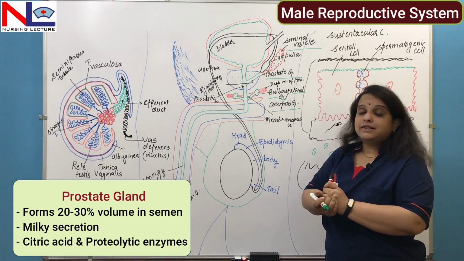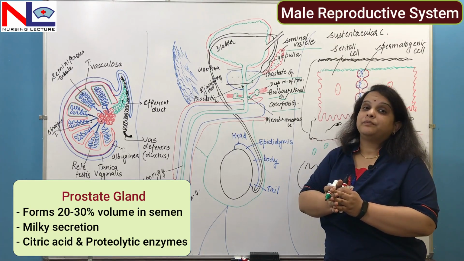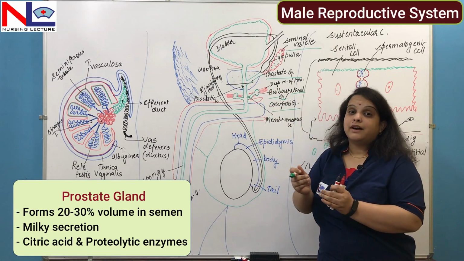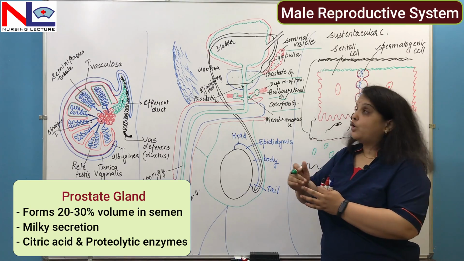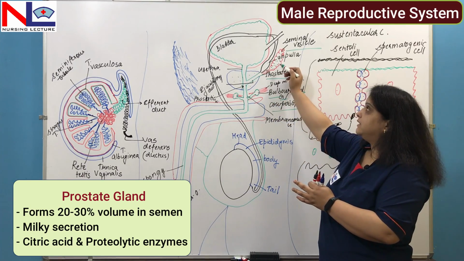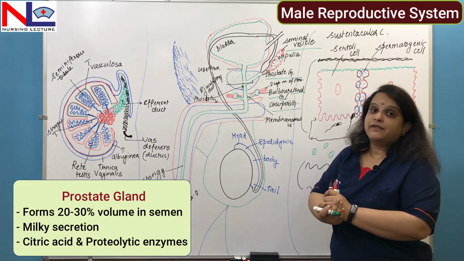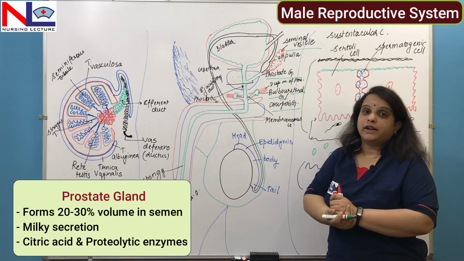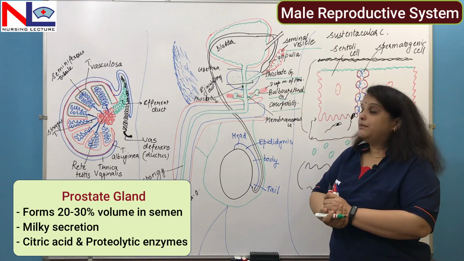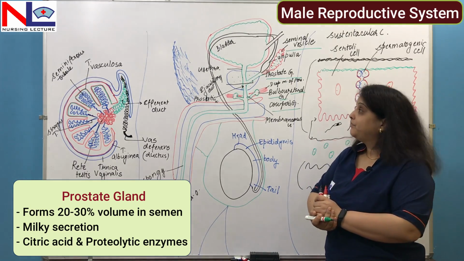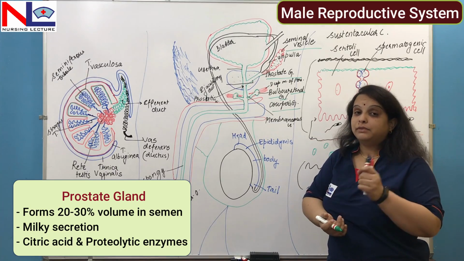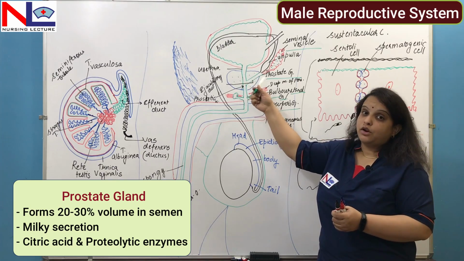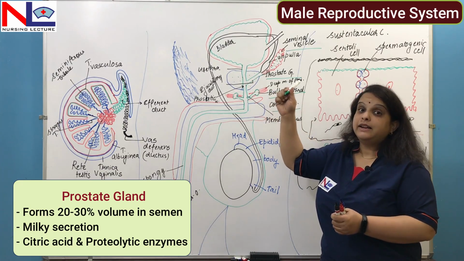So citric acid is essential for ATP production by the sperm, and proteolytic enzymes are essential for breakdown of the clotting protein synthesized by the seminal vesicle fluid. So it breaks the clotting protein and makes the semen re-liquefy and become thin, and the milky appearance of the semen is also because of the secretion of the prostate gland itself.